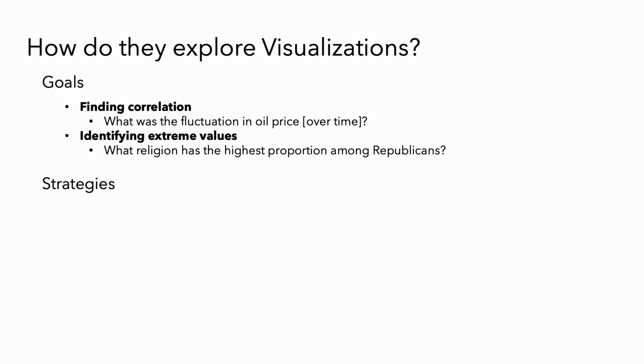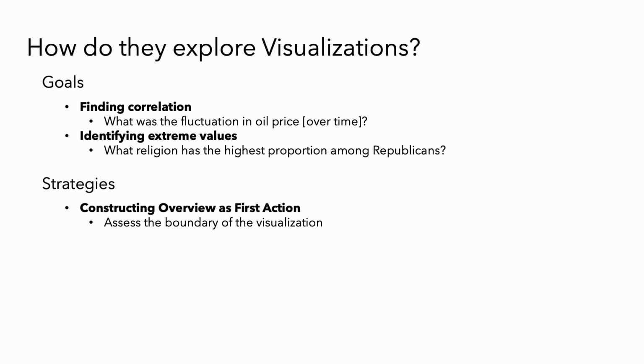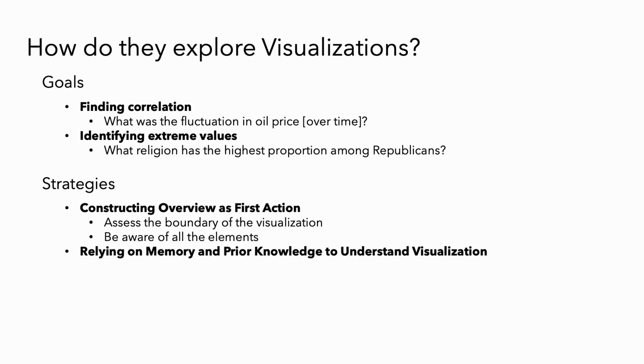When it comes to their free navigation, many participants began by seeking an overview of the visualization. Some wanted to assess the boundary of the visualization first, and some expected to be aware of all the elements in the visualization. Another distinguished strategy that participants applied is relying on memory and prior knowledge to understand visualization.